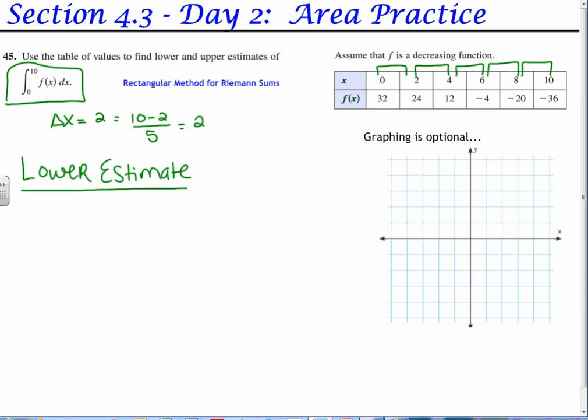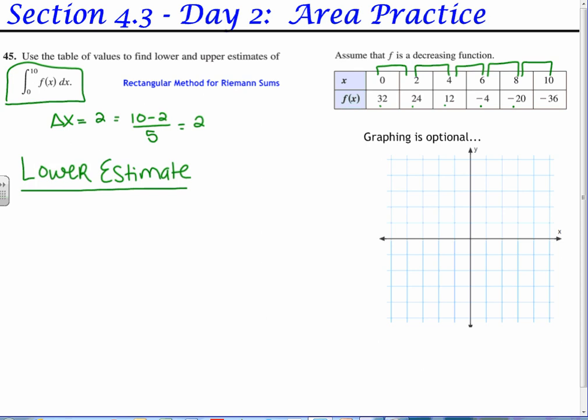Now, do I want to use the left-hand approximation or the right-hand approximation for this? That is actually going to be determined on whether this is an increasing function or a decreasing function. And I notice I go from a y value of 32 to 24 to 12 to negative 4 to negative 20. Obviously, these y values are decreasing, aren't they?